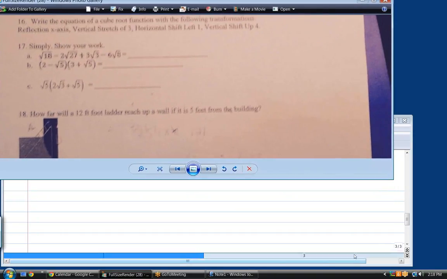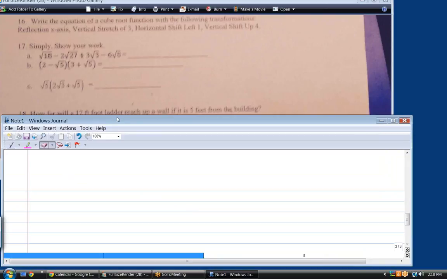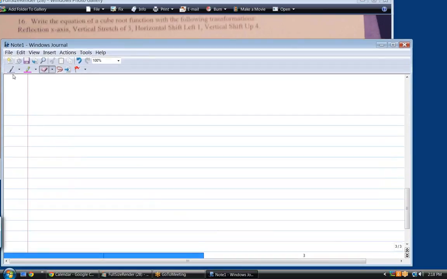Write the equation of the cube root function with the following transformations. So what's the equation of the elementary cube root function? The third root of x. The way you pronounce this is the third root of x, which is different than x to the third power.